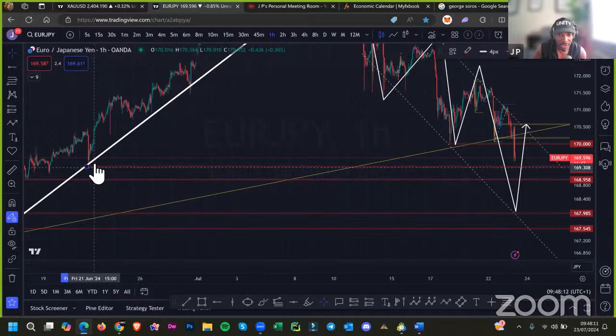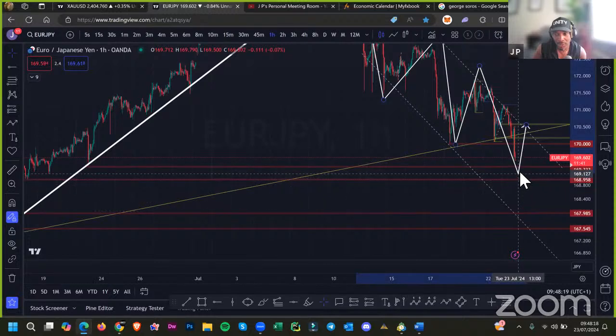Maybe the market wants to come and eat that liquidity before deciding it wants to tap back into the area over here.